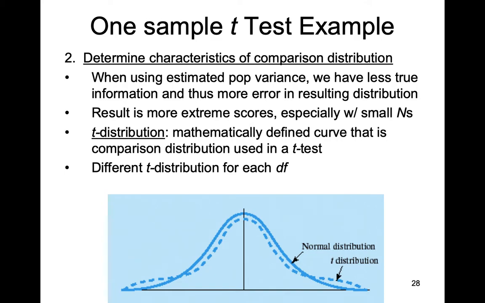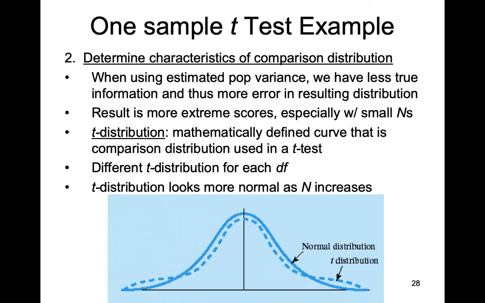So for every different sample size that we have, we've got a different shaped t-distribution. The t-distribution starts to look more normal as n increases. All right. And by the time n gets to 30, the t-distribution looks just like the normal distribution.